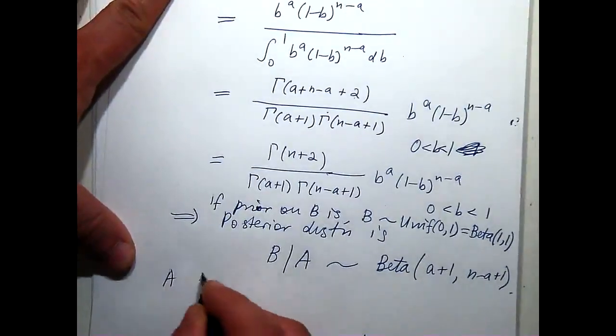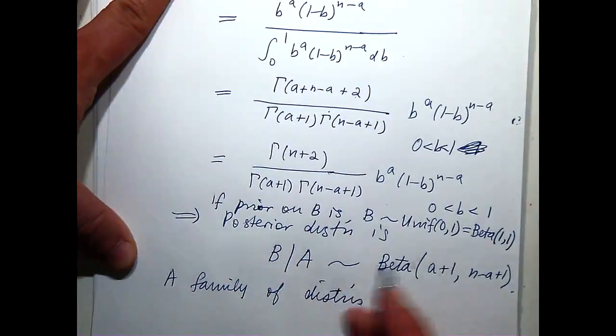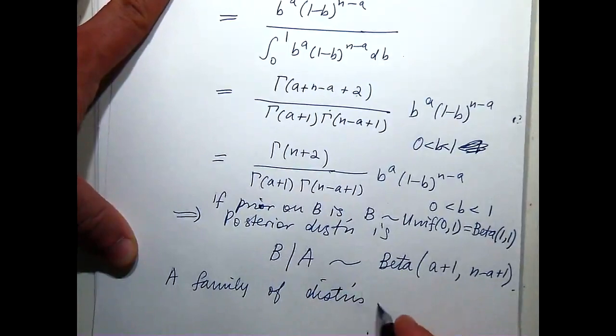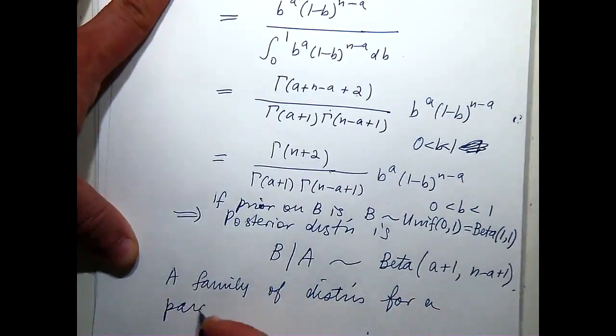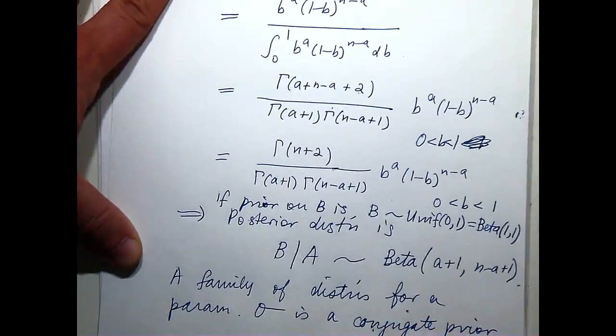So a family of distributions, this is a little vague, but it turns up in a lot of contexts. A family of distributions for a parameter theta is called a conjugate prior. Okay, so the conjugate prior is not just a single distribution, it's a whole family of parameter priors.